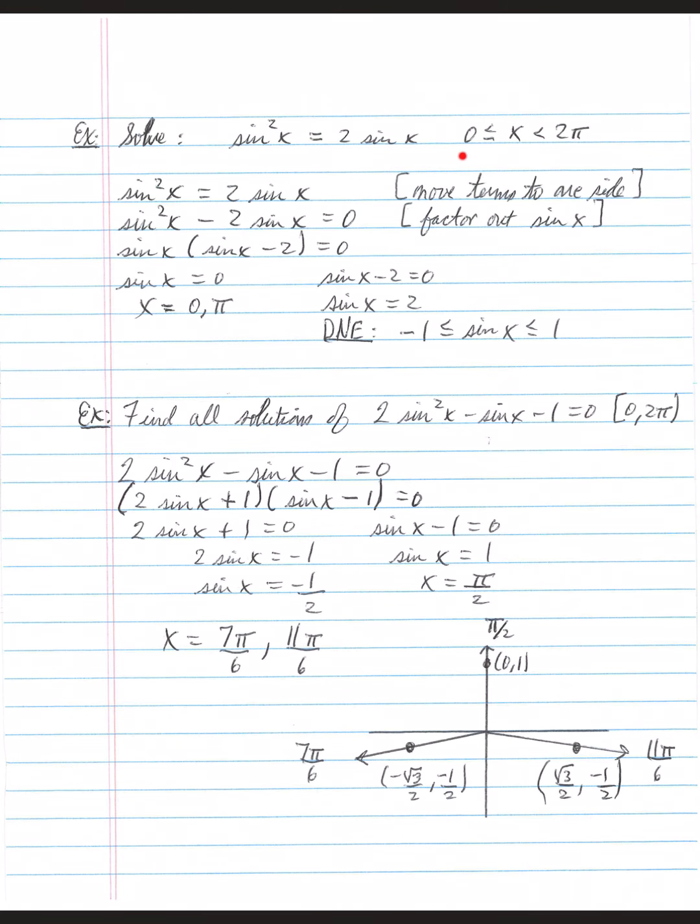Note up here, we're only interested in angles between 0 and 2 pi. If you see this, then you don't have to worry about a 2n pi or a pi n angle generator. Set each factor equal to 0. Sine x equals 0. Sine x minus 2 equals 0.